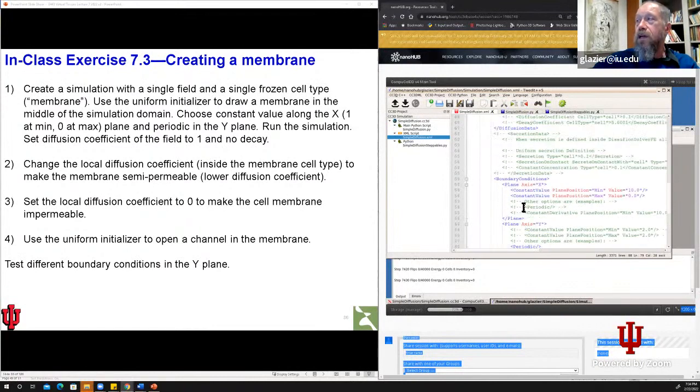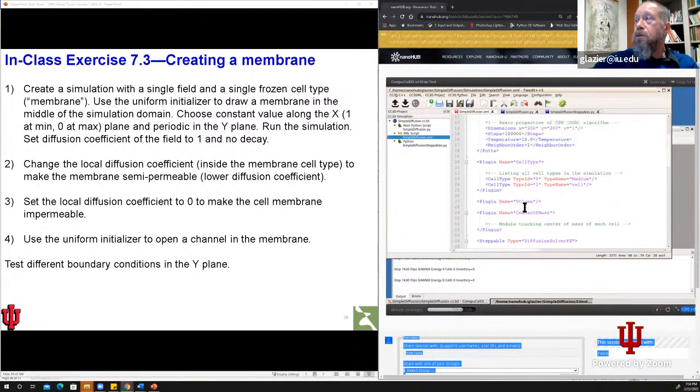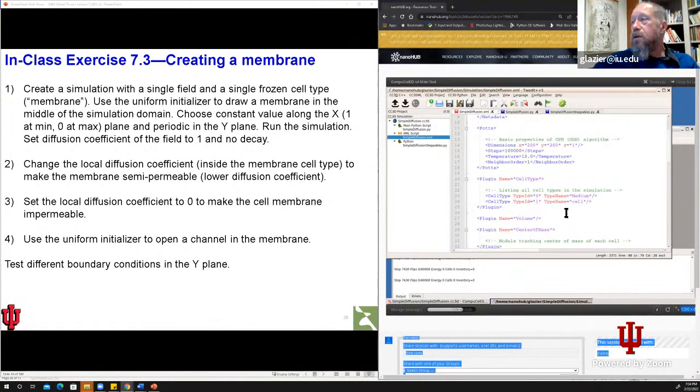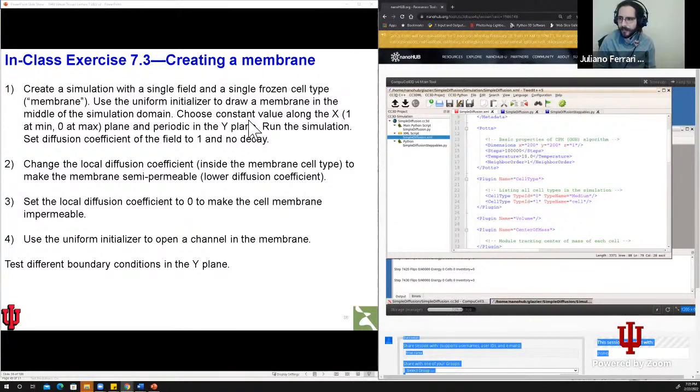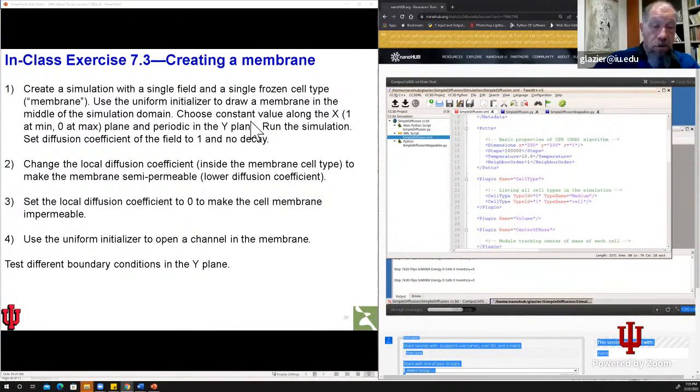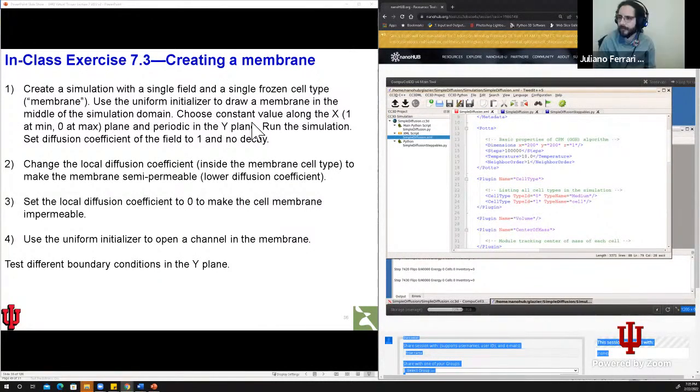And the other thing that I have to do is something we didn't do until now, which is creating a frozen cell type. Giuliano, I need you to remind me of what the syntax is to say frozen. I think it's freeze equals open close quotes, but let me create a frozen cell type real quick. You can also try this on your own, but I'm showing you, and now you'll have to implement it.